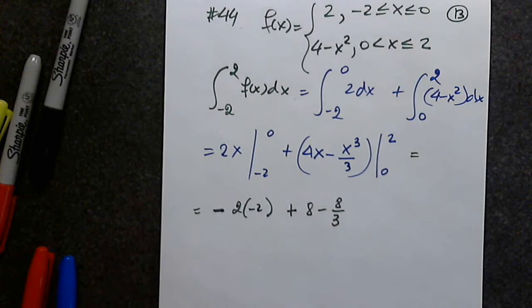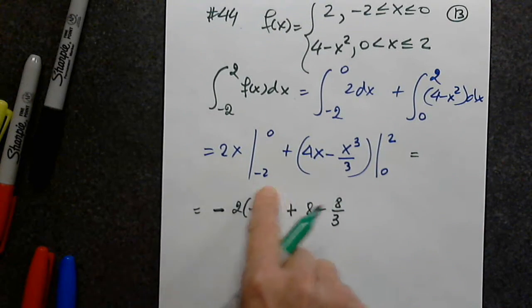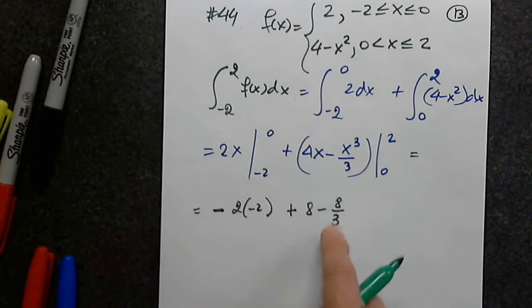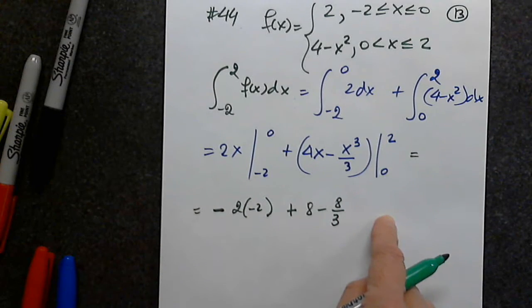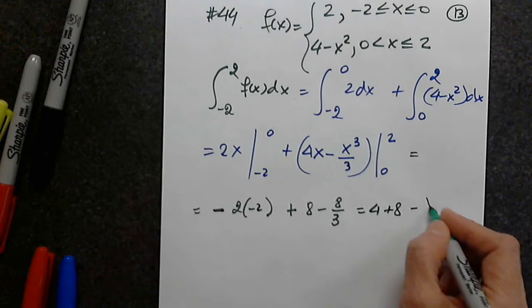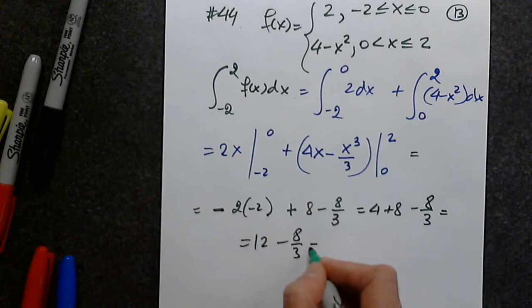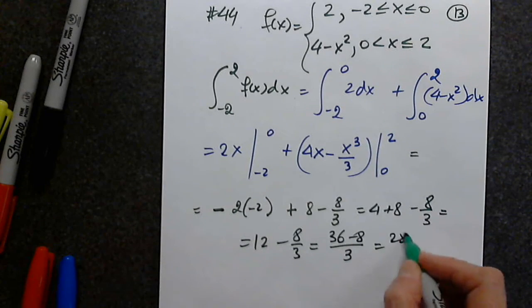So you're saying that's going to be negative 2 times negative 2? Yes. The formula requires minus when I plug in the lower limit. Then plus, when I plug in the upper limit 2, I get 8 minus 8 over 3. Minus, when I plug in 0, I don't have to write anything because it's 0. So this is 4 plus 8 minus 8/3, which is 12 minus 8/3, or 36 minus 8 over 3, or 28 over 3.